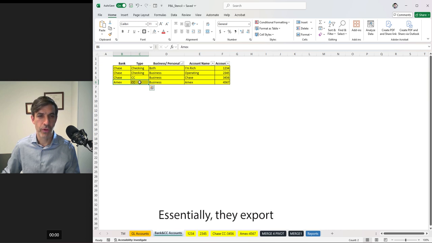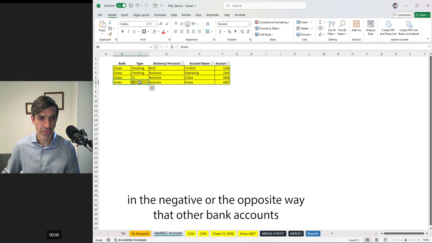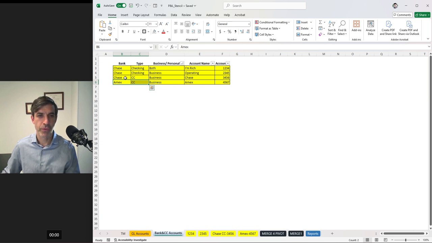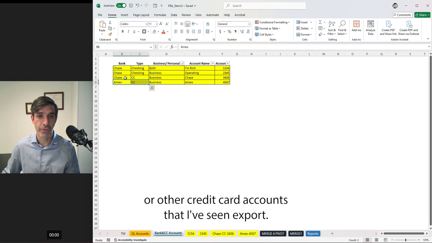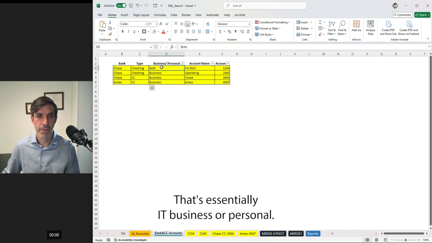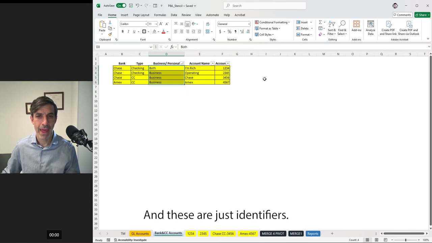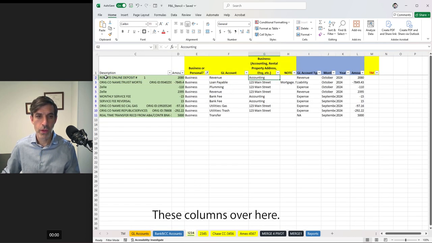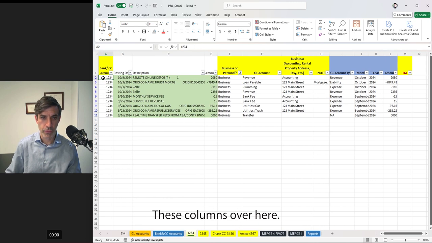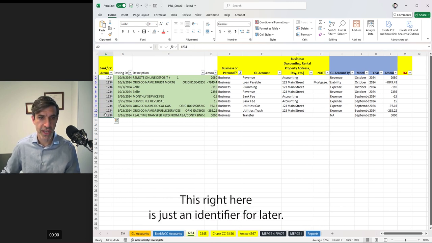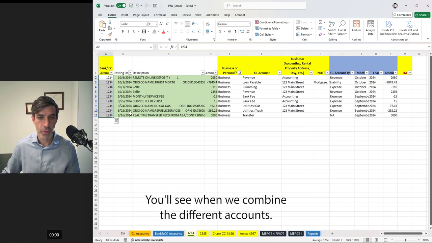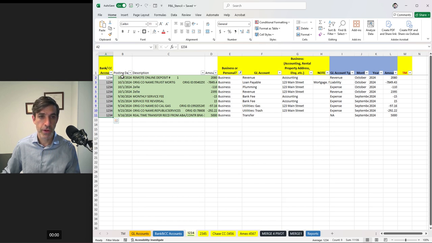Essentially, they export in the negative, the opposite way that other bank accounts or credit card accounts that I've seen export. That's essentially it. Business or personal, and these are just identifiers. These columns over here are just an identifier for later. You'll see when we combine the different accounts.